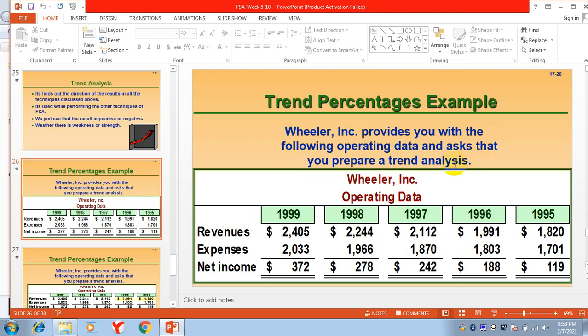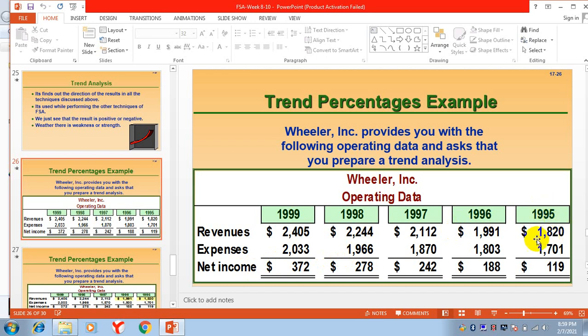Now see, 1995, 1996, 1997, 1998, and 1999: five years of data from 1995 to 1999. Only the data about revenues, expenses, and net income is given.